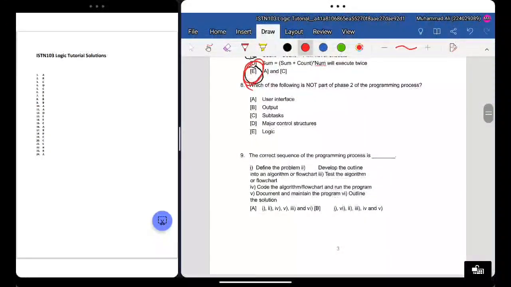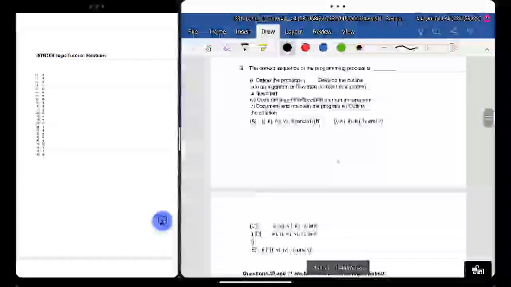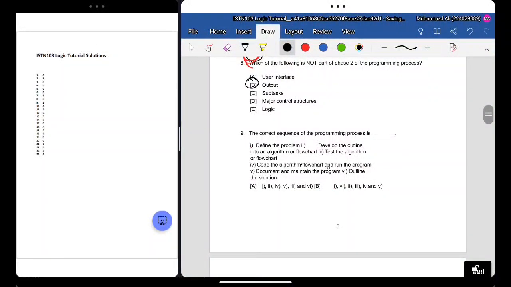What of the following is not part of phase 2 of the programming process? This is the programming process, we're going to do it now, but basically, it's going to be output. Define the problem is number one, right?